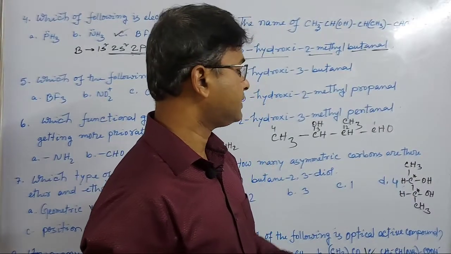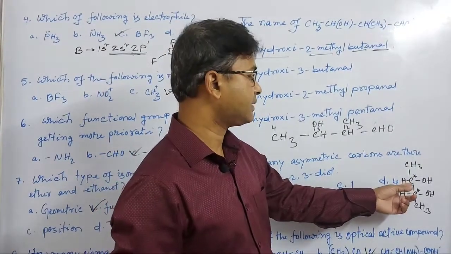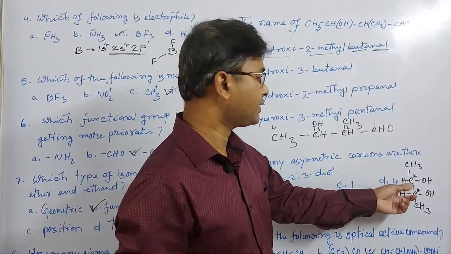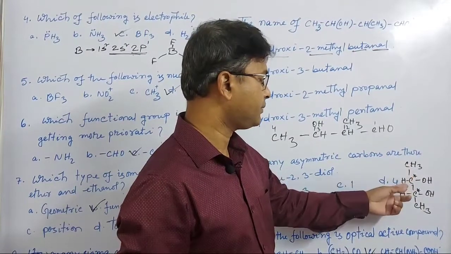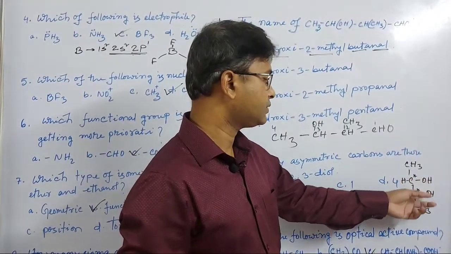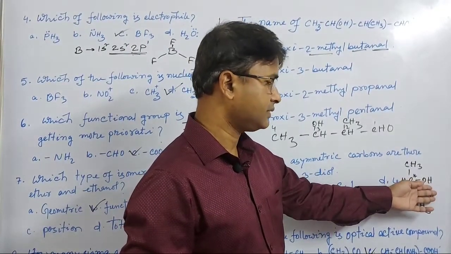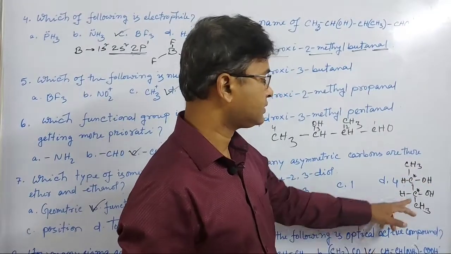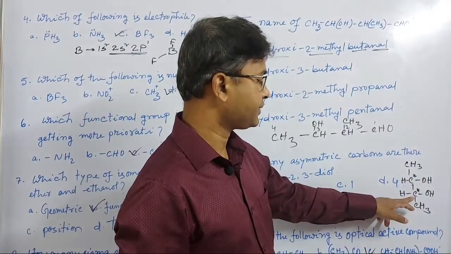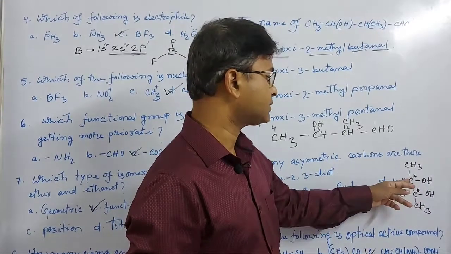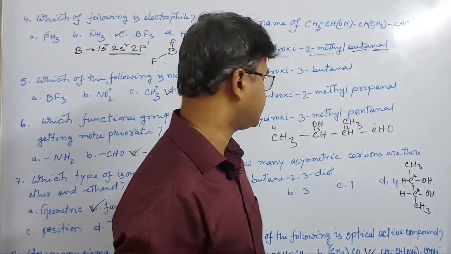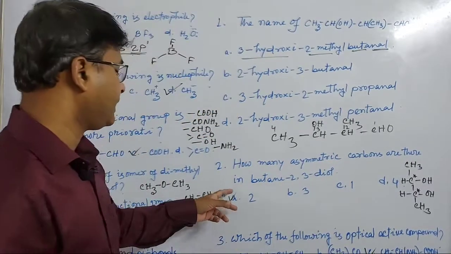If you observe the formula, you will see that the 2nd carbon is bonded with 4 different atoms and groups: methyl group, hydrogen, OH group, and the whole remaining part of this formula. And also the 3rd carbon is bonded with 4 different atoms and groups. That's why there are 2 asymmetric carbons. So the answer will be A.